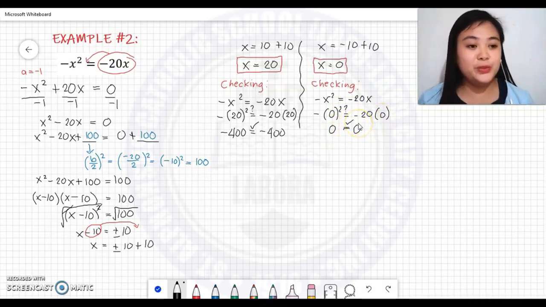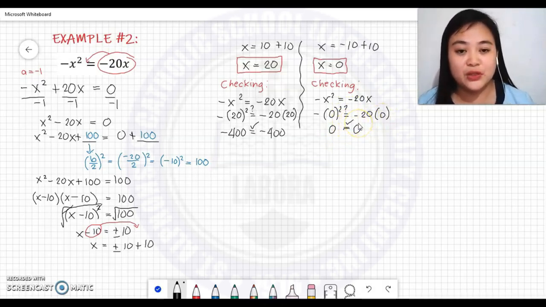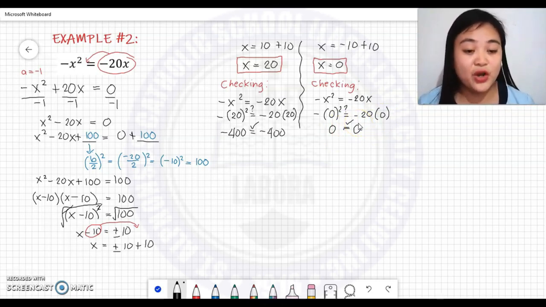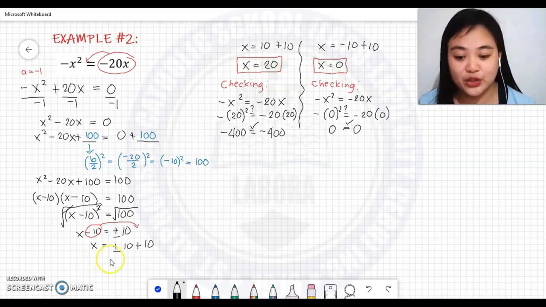Now we already proven that the values that we have solved, which are 20 and 0, are both true if we're going to substitute it to the original given. Thus, we will have our conclusion.